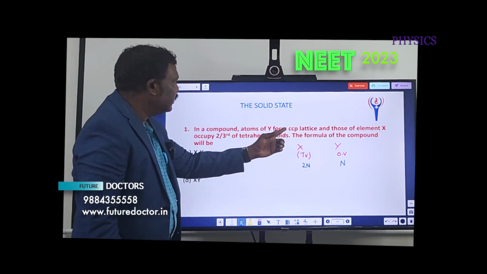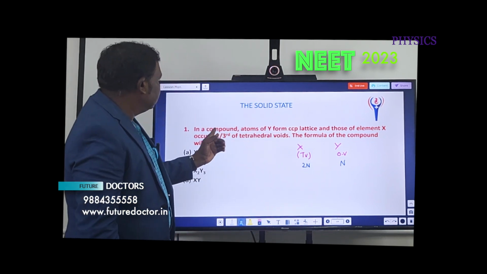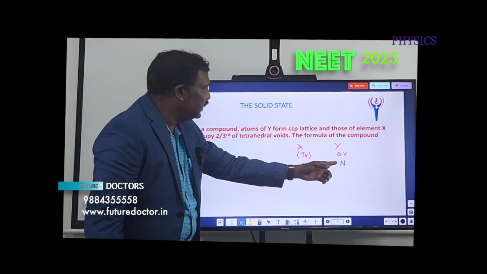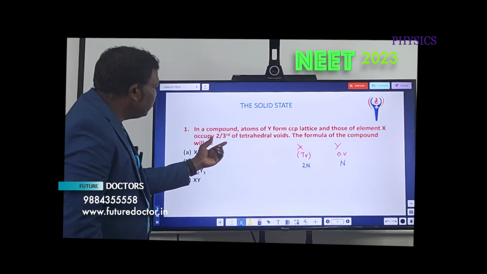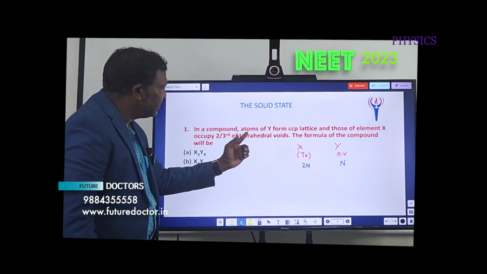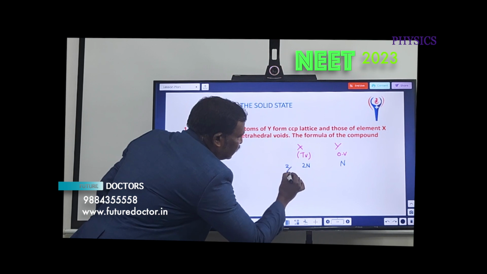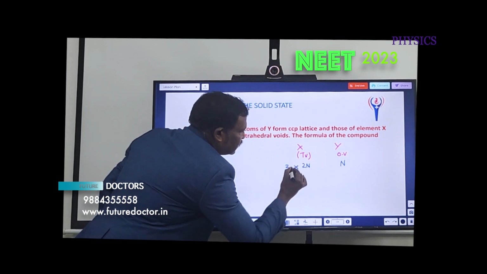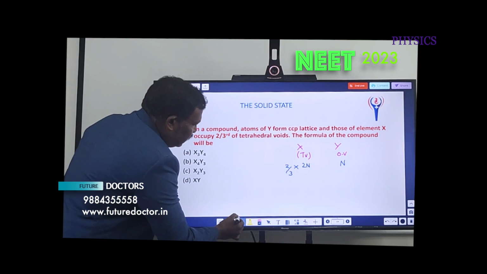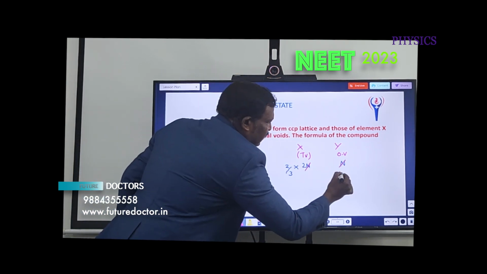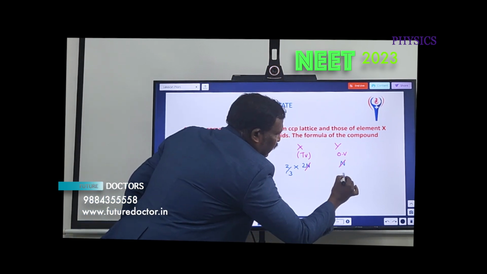So here atoms of Y form CCP, so here only n, and those of element X occupy 2/3 of tetrahedral voids, so you write 2/3 of 2n. Now simply cancel the n. Understood?